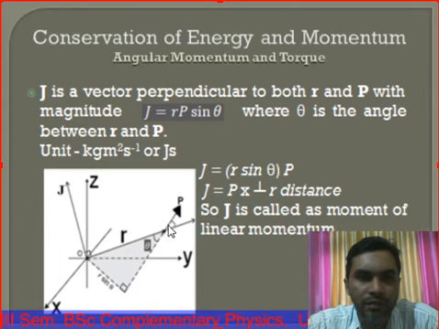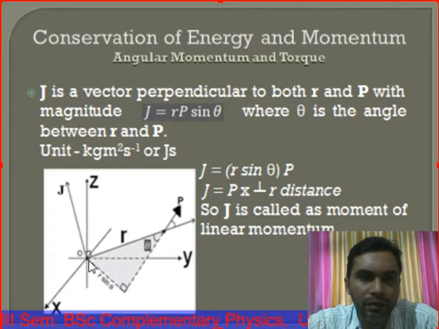It is represented by this vector p, and theta is the angle between them. This angle is also equal to theta. So r cross p will be equal to rp sine theta or r sine theta into p. So this is the vector p. If we reproduce the vector p in the backward direction by the dotted line, we can see that this vector is r, this length is equal to r, and this angle is equal to theta.